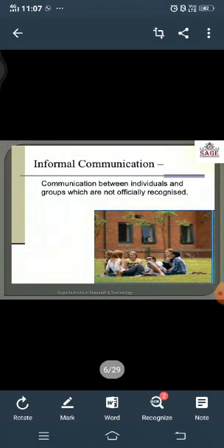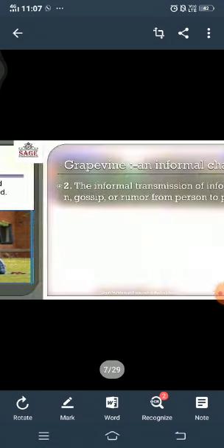It is not that we are just interacting with people of our department, but we are also interacting with people of other departments at different places, like the canteen, or when you're waiting for the bus, or when you are attending a function. In this way, we have different avenues where we can interact with people with whom we are not officially linked. So this kind of communication is called informal communication.